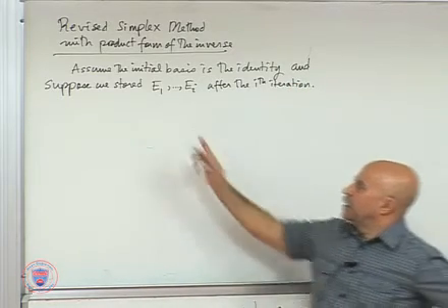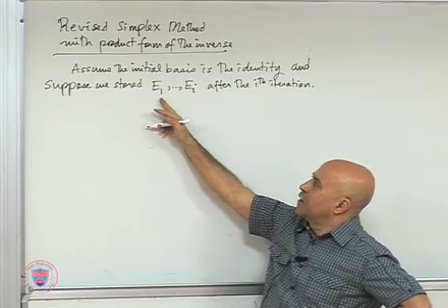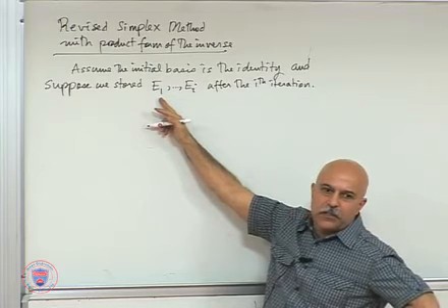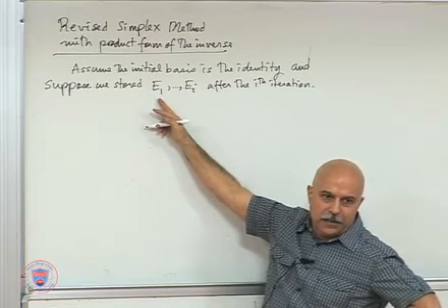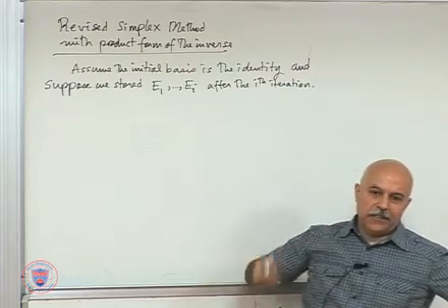Now again, you should not literally take a storage for each E1 or EI. What do you need to store for EI, or E sub j, whatever?